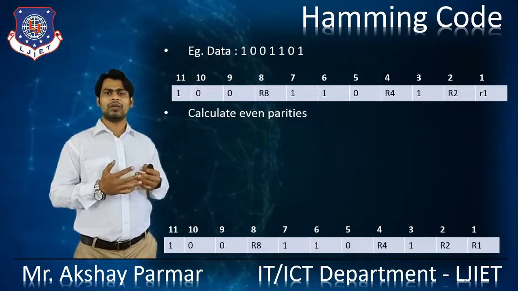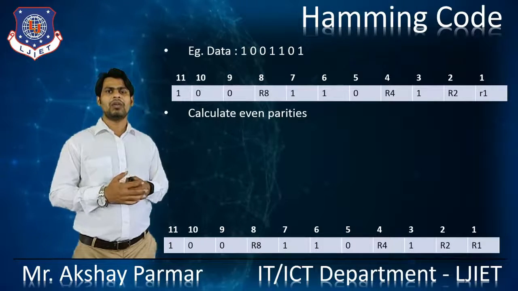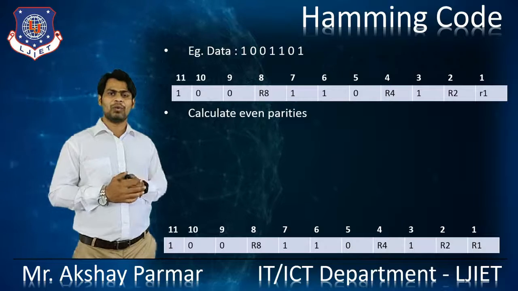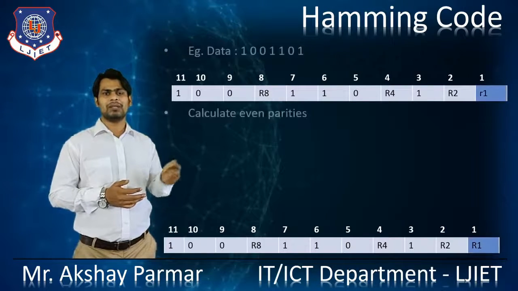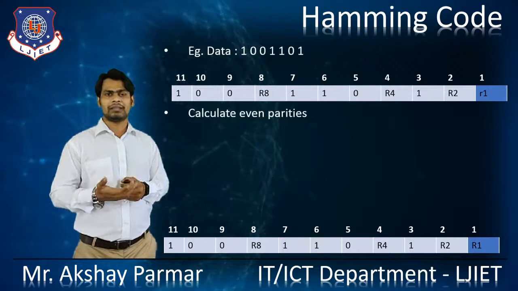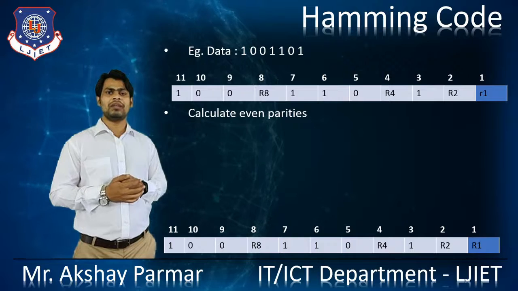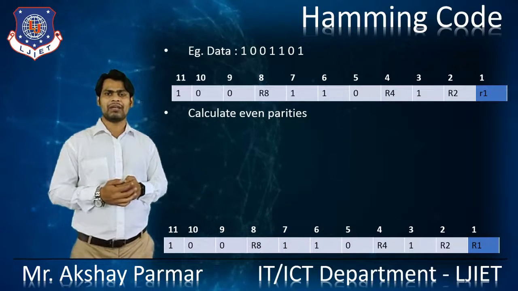Let's calculate the even parities. We are selecting even parity to calculate our Hamming code. Let's begin with that. How can we calculate the value of the redundant bit R1? We use even parity checking for that.